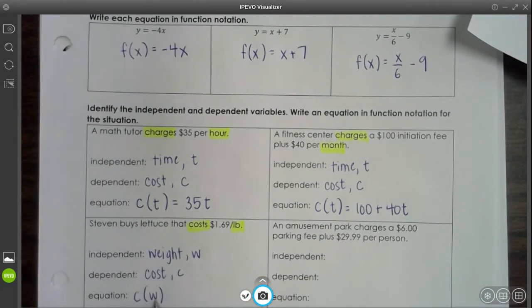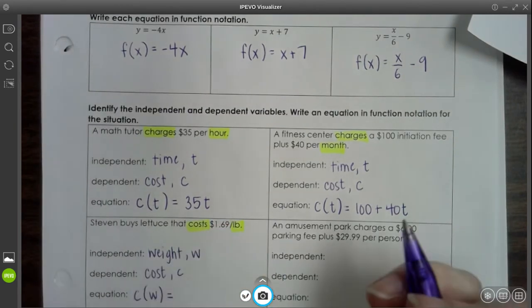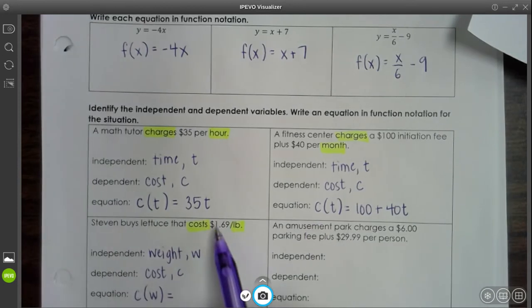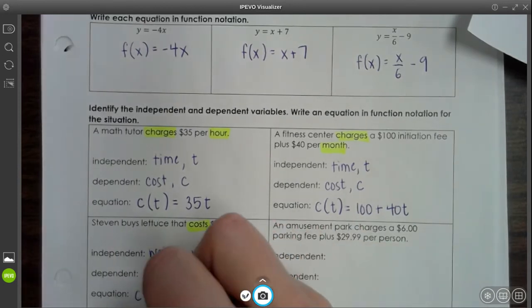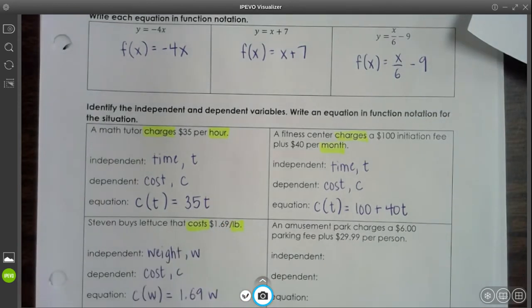So cost is in terms of the weight, or the cost depends on the weight. And our equation we would write is $1.69 times the weight in pounds.